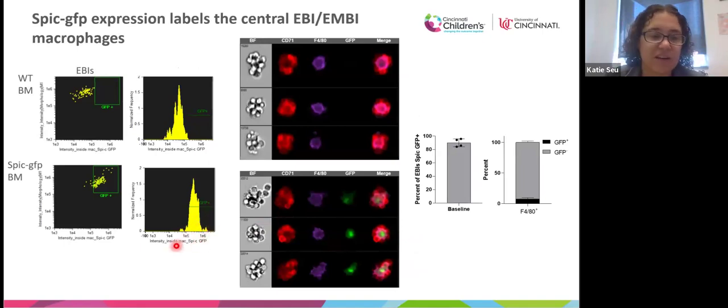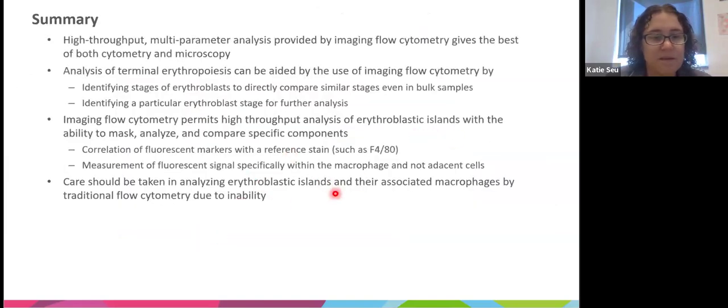And so this is showing the intensity inside the macrophage F480 stain, so that you're not getting signal from other cells that are stuck or whatever. You can look at that also, but the ability to say, I only want to quantify GFP inside the macrophage is really helpful. So that's another key feature and concept.